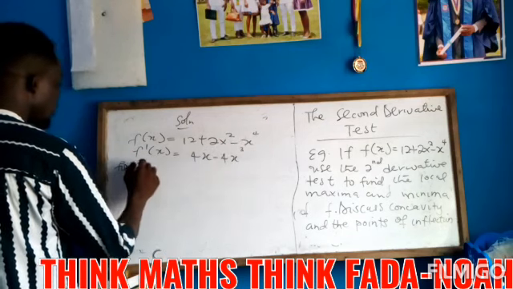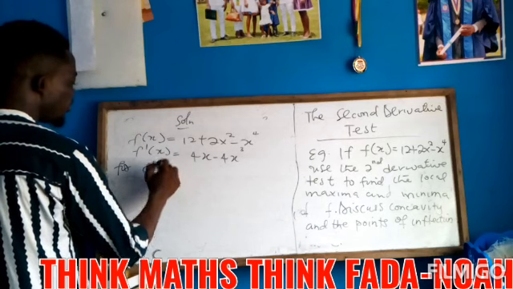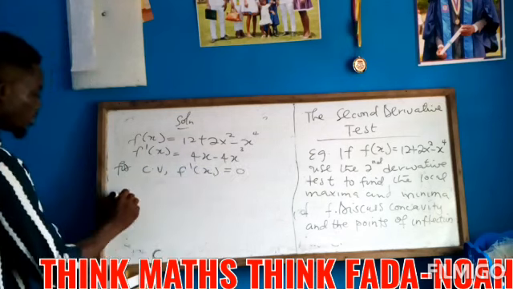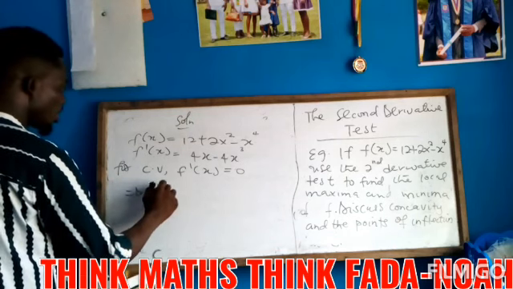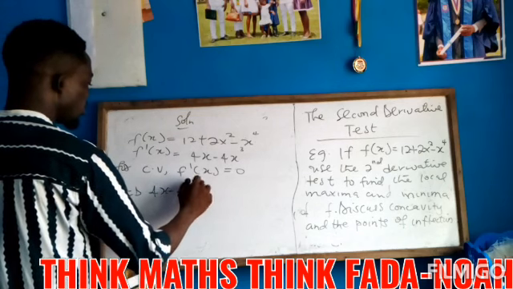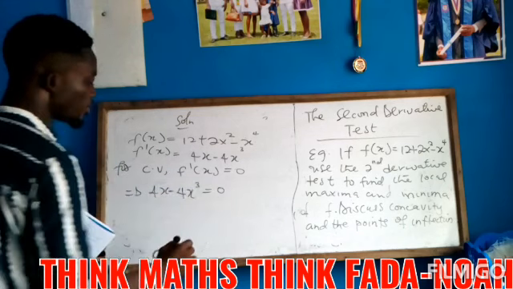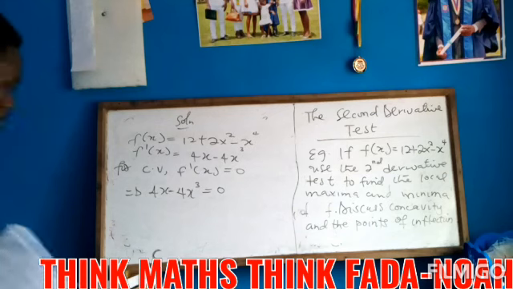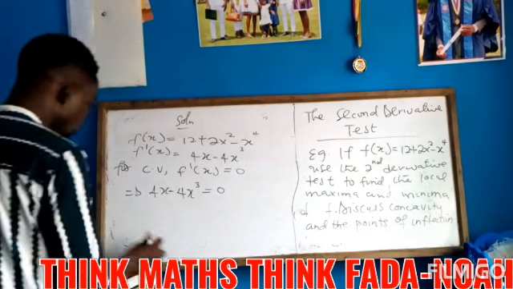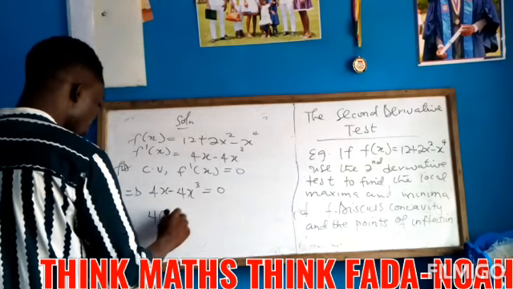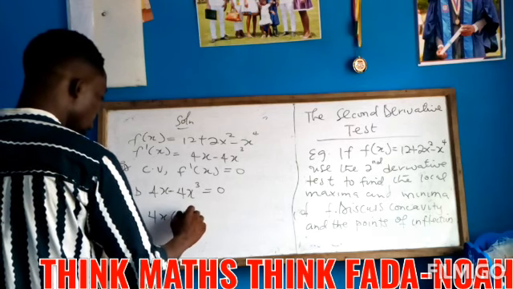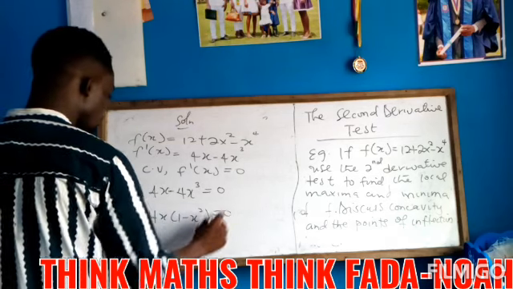For critical values, f prime of x should be equal to 0, which implies that 4x minus 4x cubed equals 0. Here we have to find x, so we factorize 4x out, and we have 1 minus x squared equal to 0.